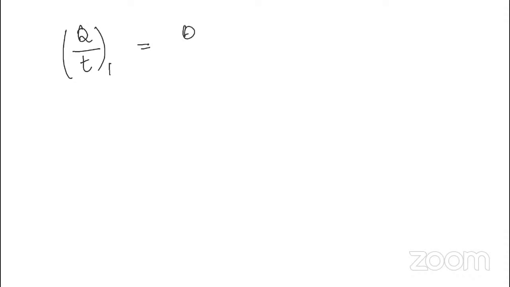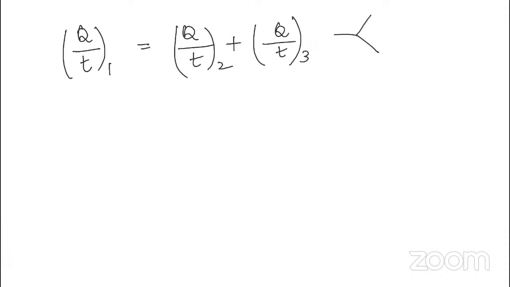So Q by T2 and here Q by T3. The first rod's flow should be split: 1, 2, 3. So we are adding 2 and 3.